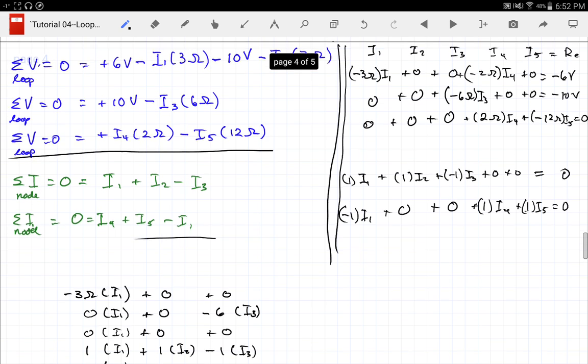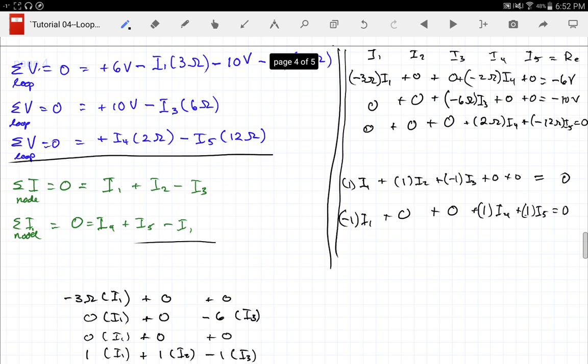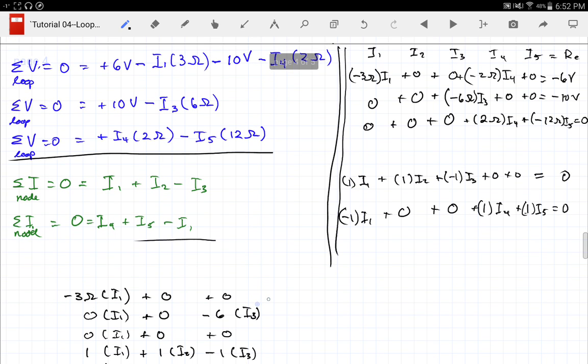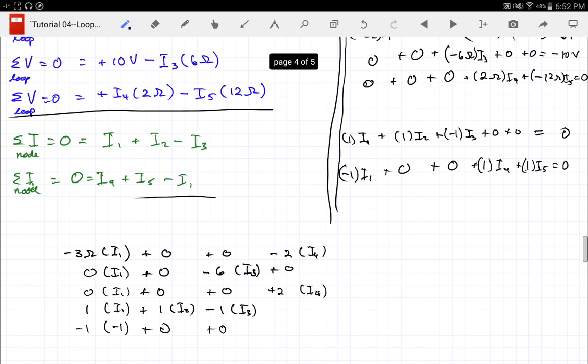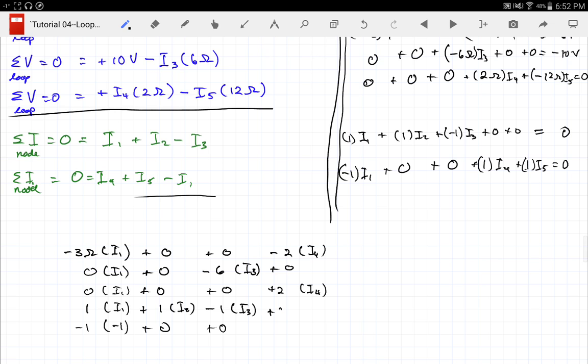For I4s, it was minus 2 I4 plus 0 plus 2 I4 plus 0 plus 1 I4.